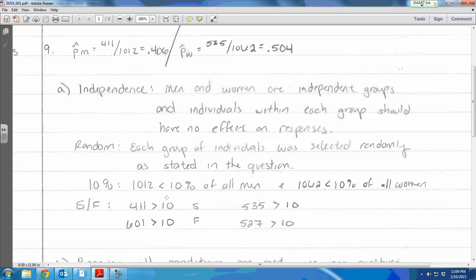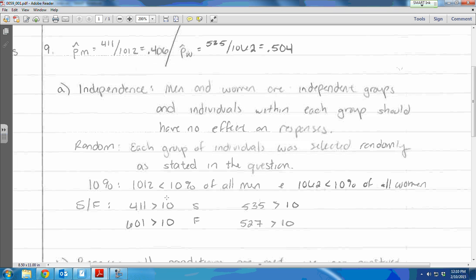Random, notice I say each group, right? It said randomly selected in the question, but each group is randomly selected. 10%, I have 2 different statements. So I have 1,012 is less than 10% of all men, and it should be age 65 and older. That's what the survey's about. And then 1,062 is less than 10% of all women, age 65 and older.